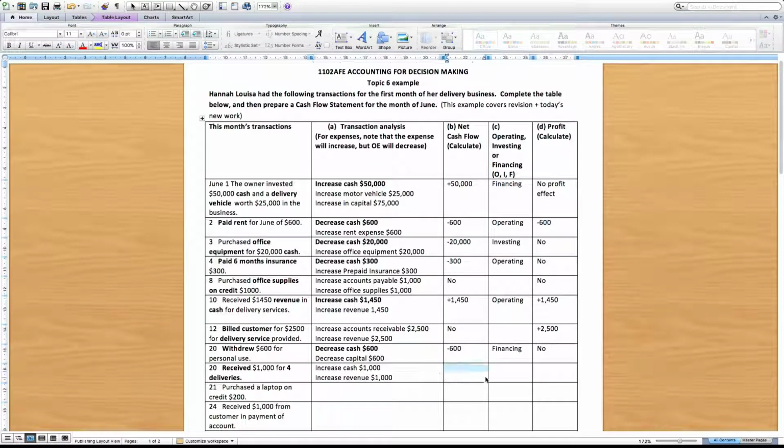Our cash flow, again, with our 2 effects here, we want the one that has actually got cash in it, because that represents the cash flow. We have an increase in cash, so that means our cash flow is plus $1,000. Look to your second effect to help you classify. It's a revenue account. Revenues belong in our operating activities. Profit implications.